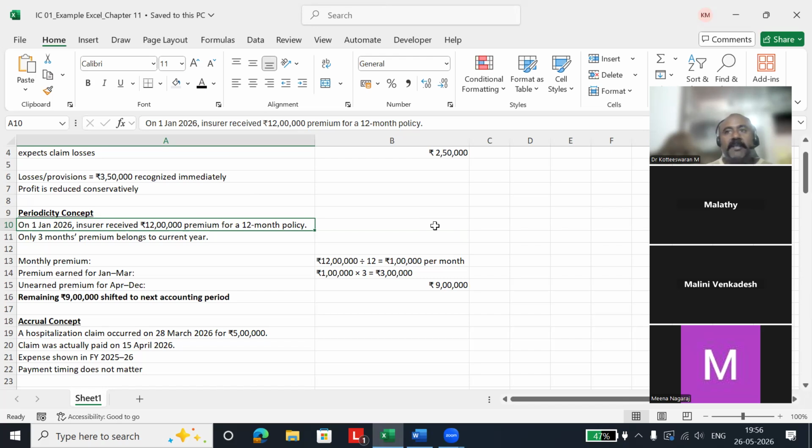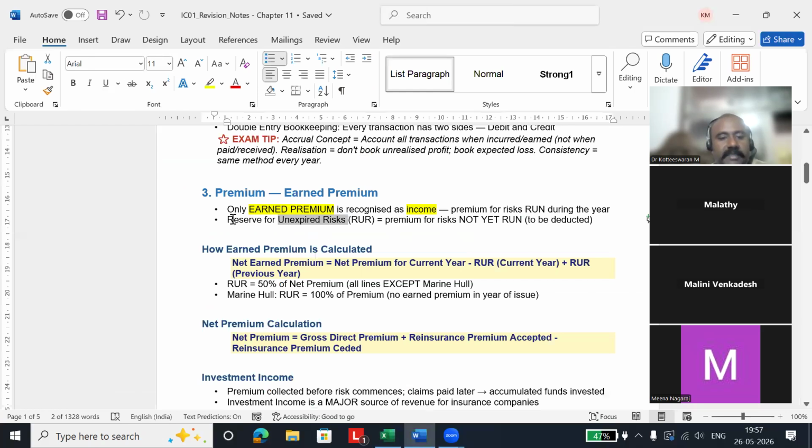So unexpired risk: even though we have received the premium, the risk is still going to happen. These 9 months are pending. So this is unexpired risk. We have not yet covered that risk. So those are all called unexpired risk. So this 9 lakh rupees, we do not account in this month, we are keeping it for the next year. That is called reserve for unexpired risk.